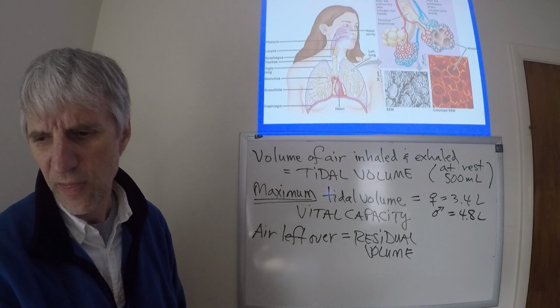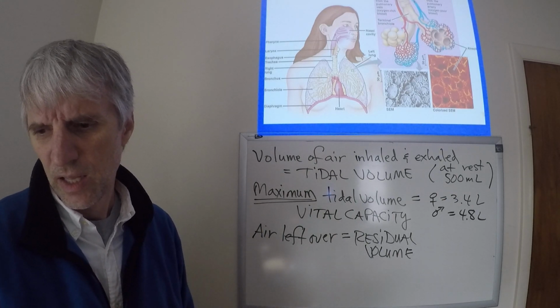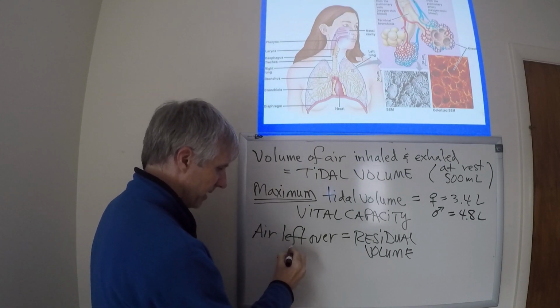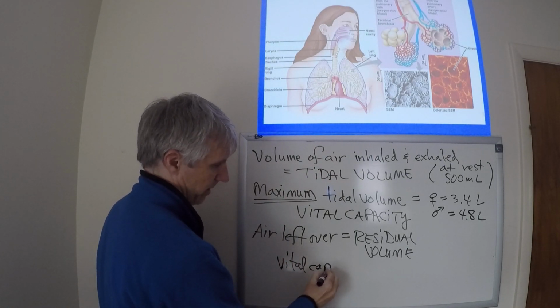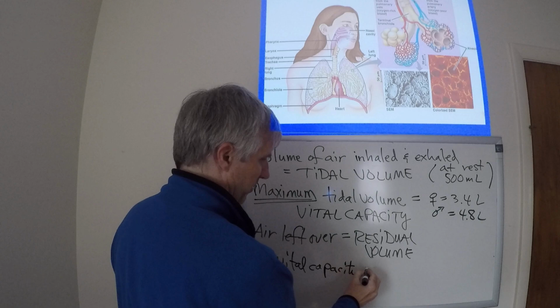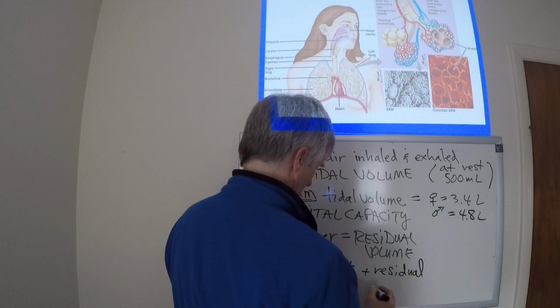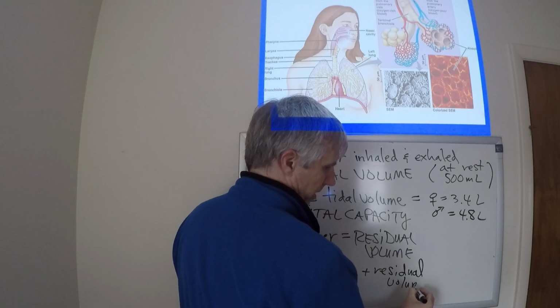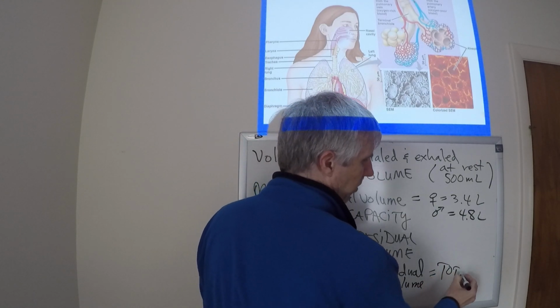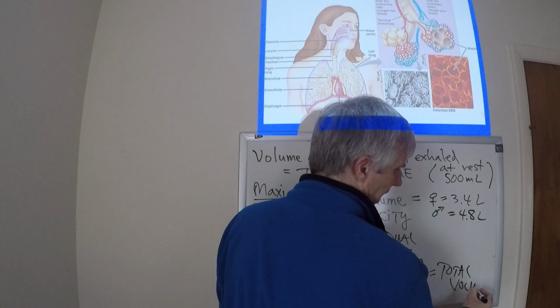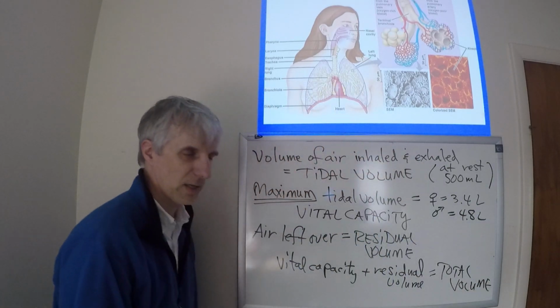Or the other way to think about it is the vital capacity plus the residual volume would give us the total amount of air that the lungs actually hold.